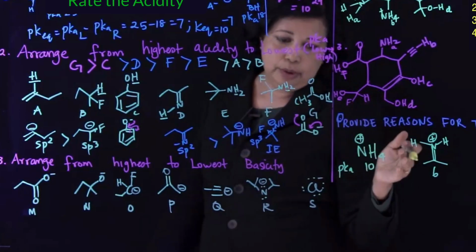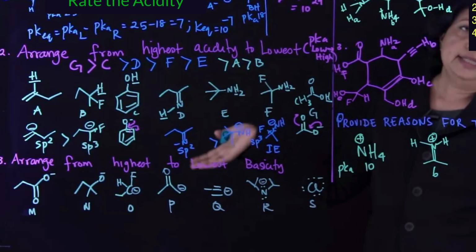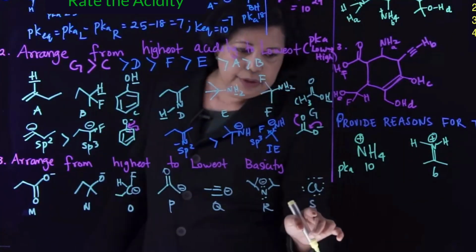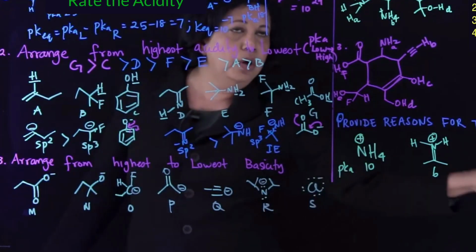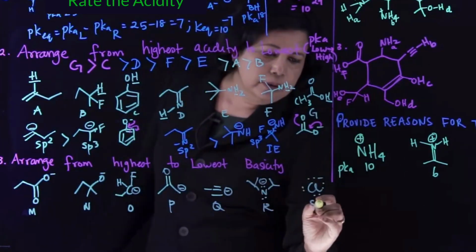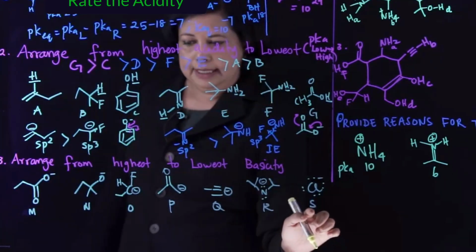Group 7 chloride, bromide, iodides are neutral. We know that because HCl, HBr, HI are strong acids. That's something you learned in Gen Chem. So that is pretty much neutral. It's not a base. You cannot use this to pull off a proton. It's very happy and it's not going to go messing with anybody. So that was the lowest basicity.